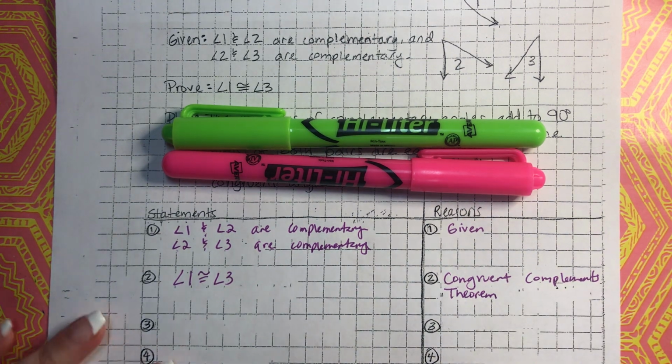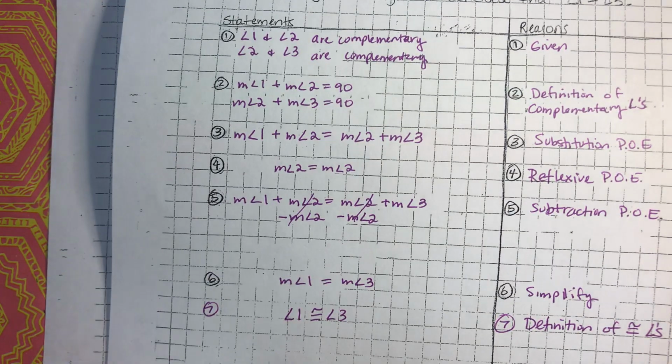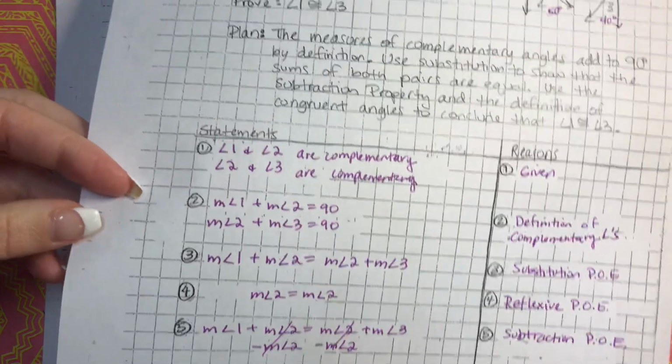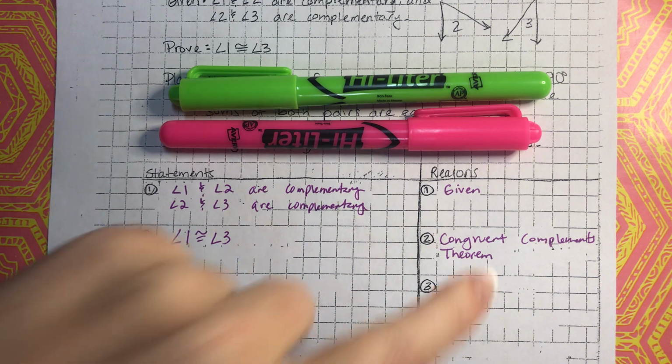Boom. There you go. So instead of all of this, we did all of this and just like that, just because of that theorem.